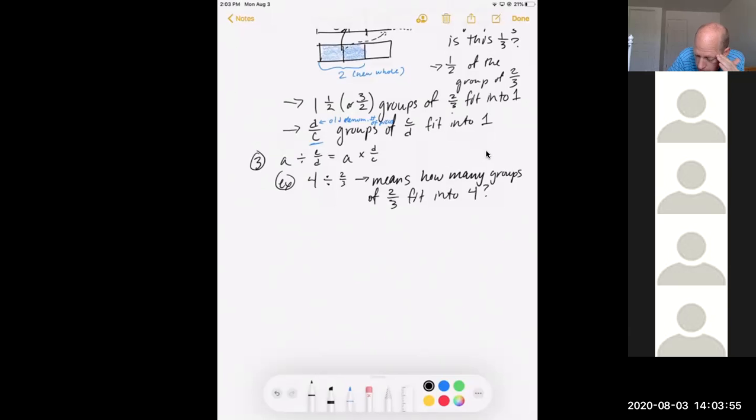So I'm going to take off groups of 2/3 from 4. So I have to draw 4 units here. 1, 2, 3, 4.